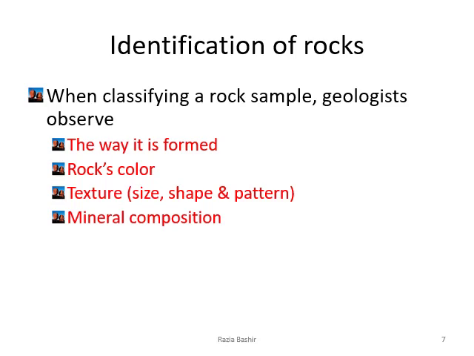A geologist also observes the texture of a rock in order to understand which type of rock it can be. In the texture, usually a size, shape, and pattern of its grain are observed. Finally, we have to look into the mineral composition of a rock sample in order to understand whether it is a sedimentary rock, a metamorphic rock, or a volcanic rock.